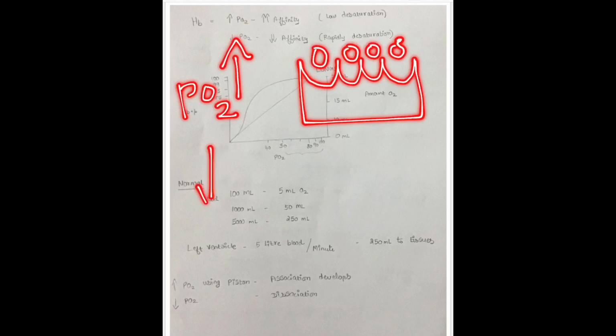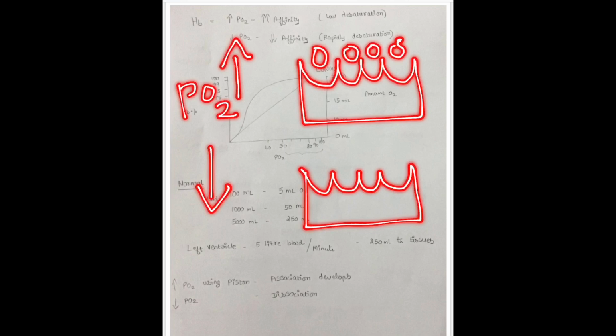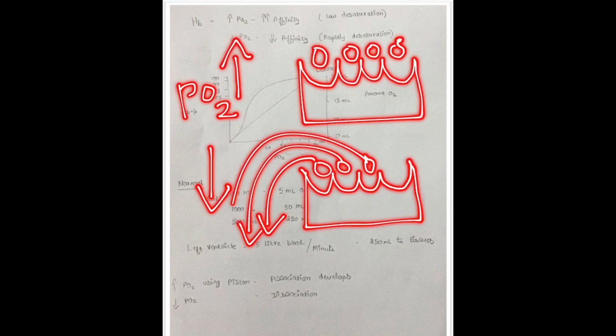When you decrease the partial pressure of oxygen, the hemoglobin knows that it will not receive an oxygen molecule for its fourth pocket, but the character of hemoglobin is to deliver oxygen, so it will deliver the oxygen from its remaining pockets. So here you see the affinity for oxygen is decreased and dissociation develops.